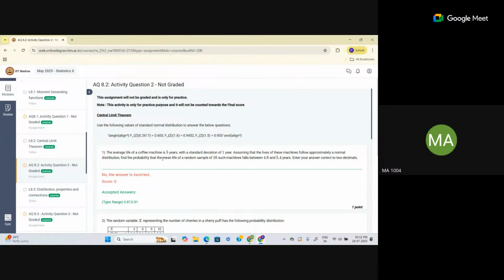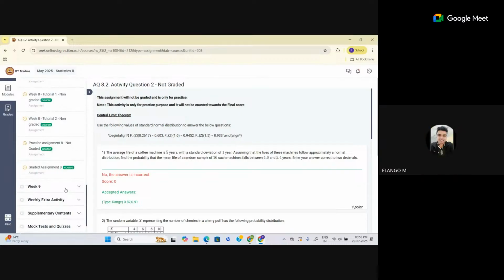If you search on Google, you can find the standard normal table, and from the table you can see the values. If it is Z, then it is a standard normal variable, normal 0, comma 1. So you can easily find the standard normal table on Google and see the values.